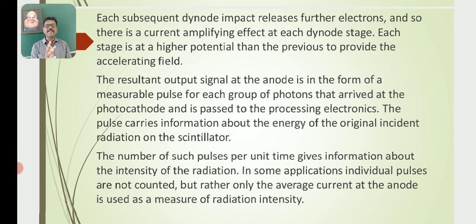In some applications, individual pulses are not counted, but rather only the average current at the anode is used as a measurable radiation intensity.